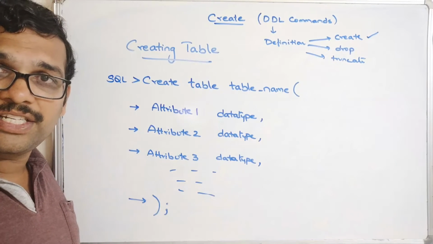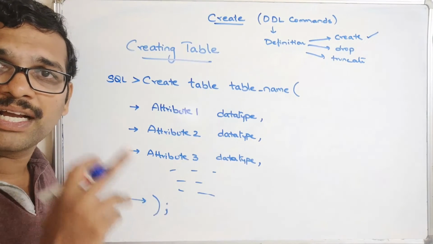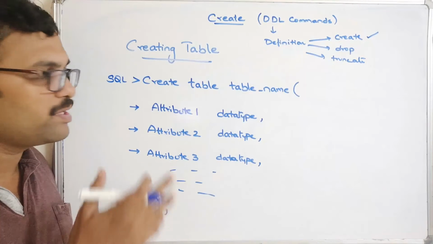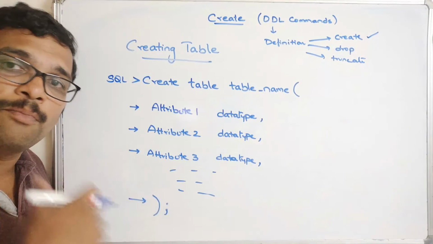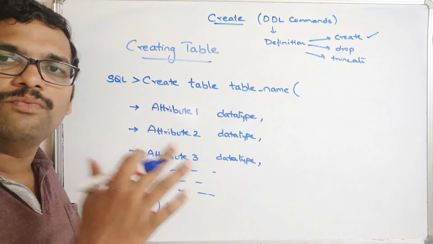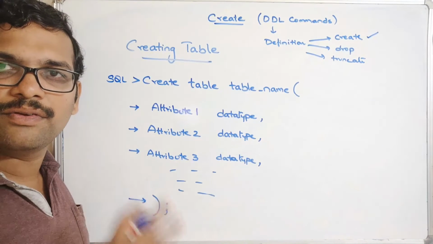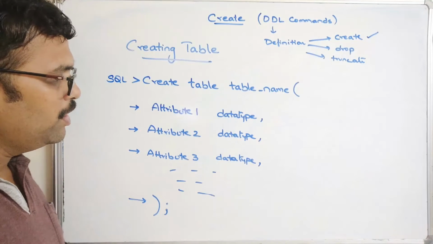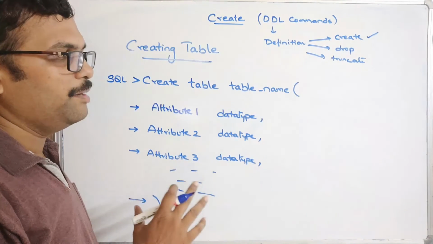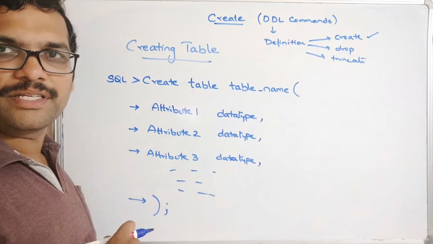In the next sessions, I will explain the different constraints we can give for the attributes, and then we will see one more time how to create a table with particular constraints. I will demonstrate everything with an example, right? So this is how we can create the table inside the database.